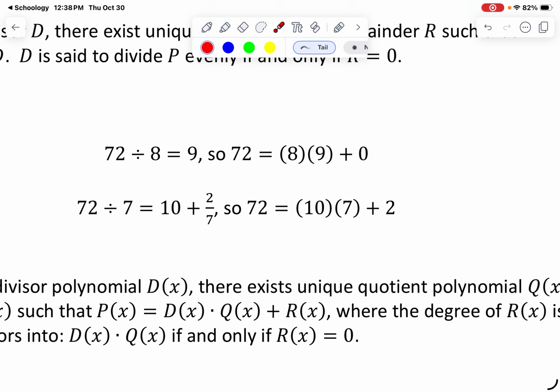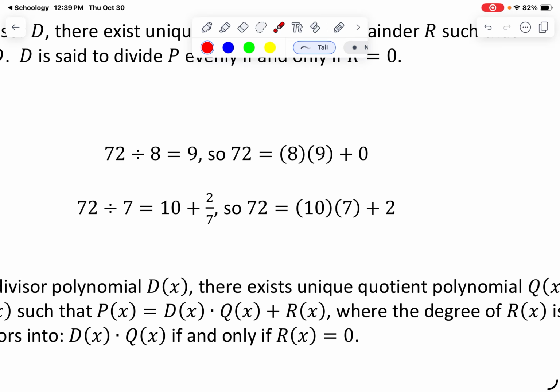However, if I wanted to do 72 divided by 7, 7 doesn't go into 72 "evenly", I'm air quoting because that's what we just say, but meaning that it's not a factor. 7's not a factor. You get a remainder, right? So how many times does 7 go into 72? 10 times, and there's a remainder of 2, right?